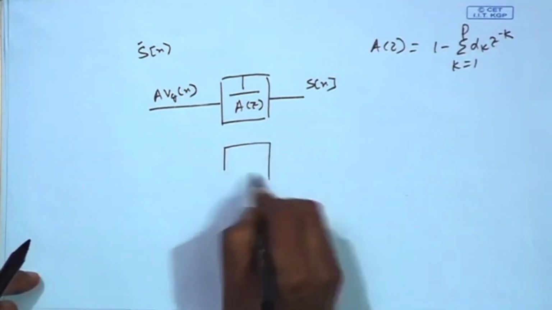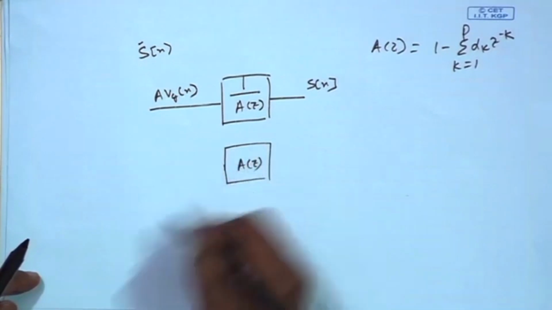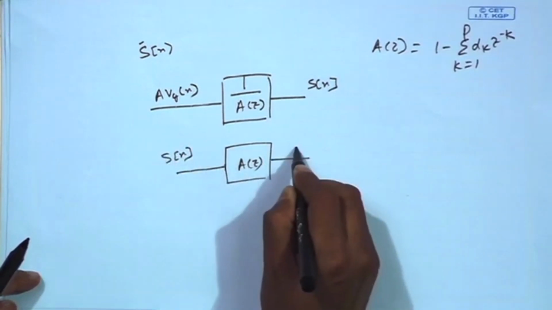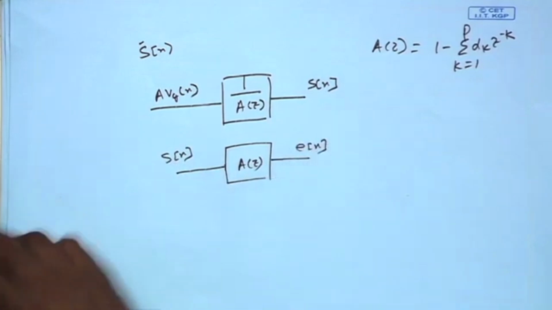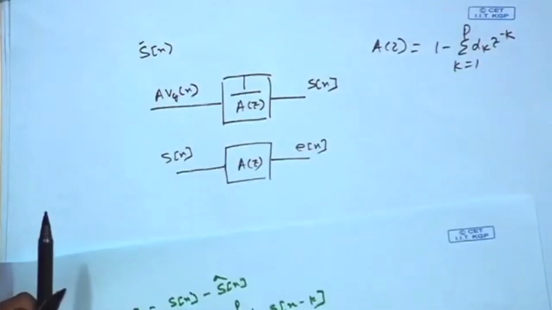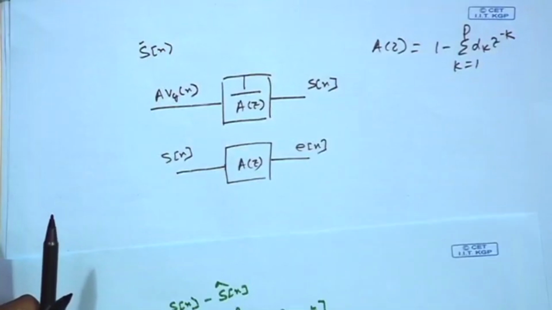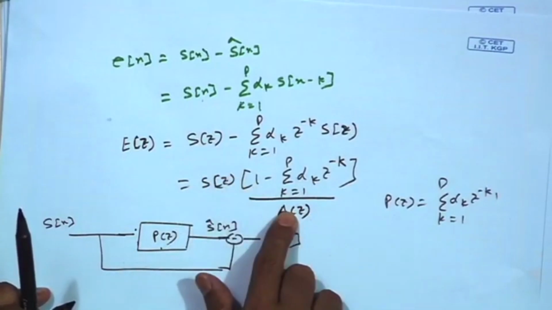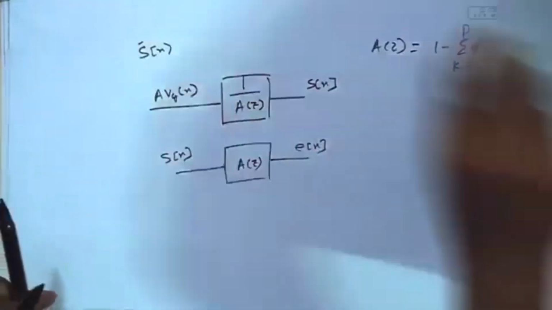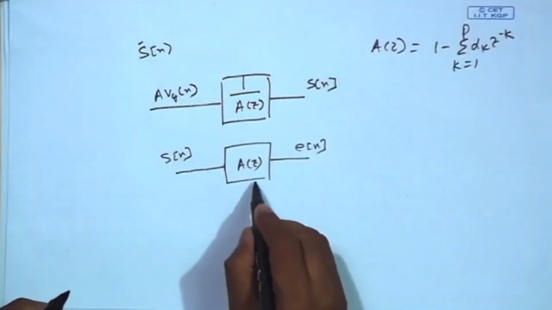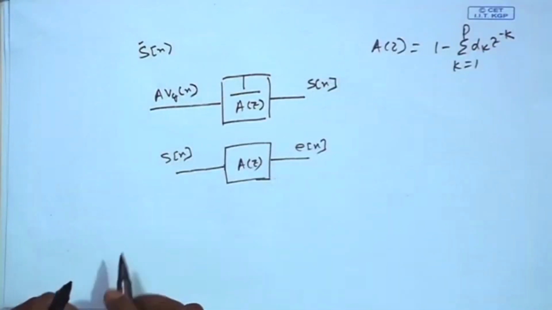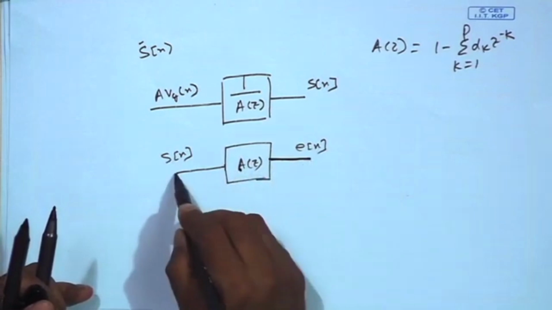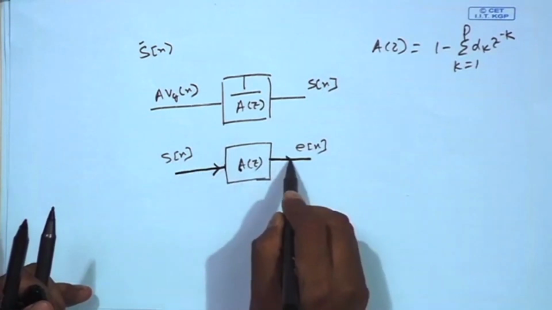Reversely, if I know A(z), if I implement A(z) and pass the signal s[n], I can get e[n], because E(z) is nothing but S(z) into A(z). So if I pass s[n] through an A(z) filter, I get e[n]. I can get the error signal if I implement A(z) and pass the present speech signal.